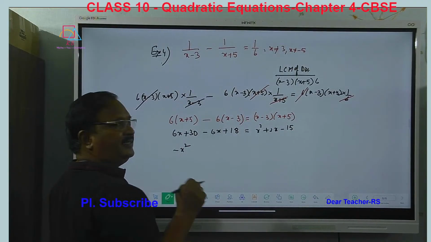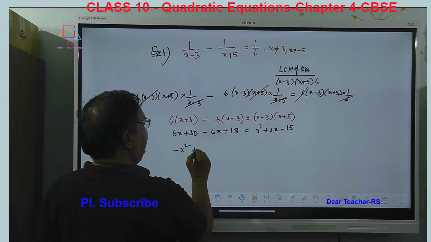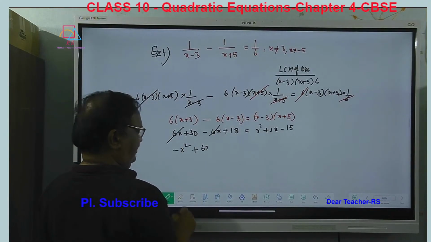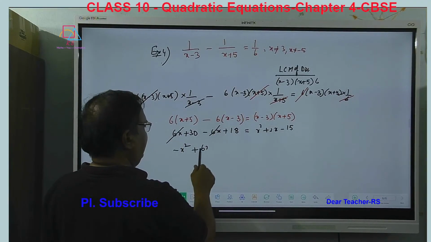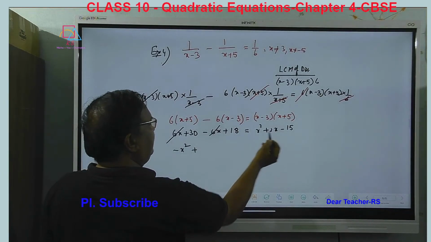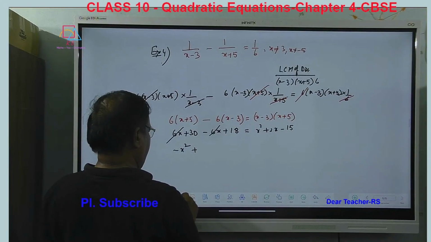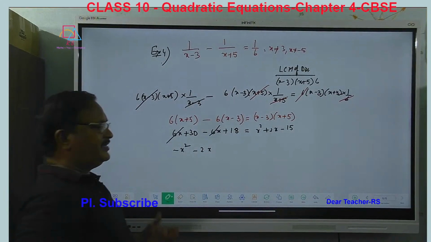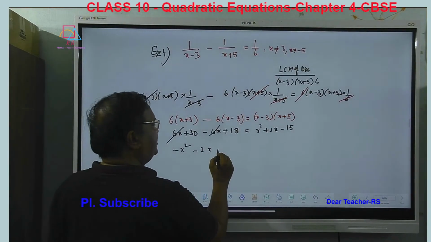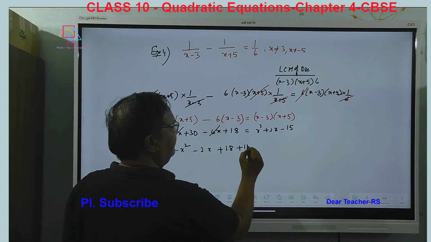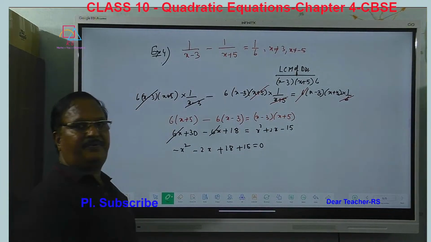After that, all the x terms you should write. On the left hand side there are 6x, which will get cancelled, gone. Then this plus 2x will become minus 2x. So x terms came, and then the constants should come: 18, and this minus 15 comes to this side, plus 15, is equal to 0.